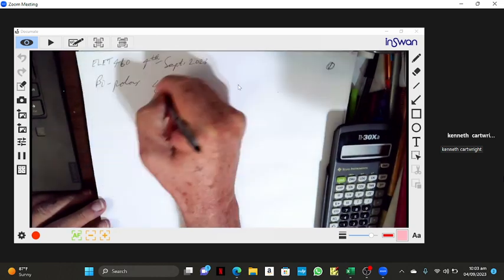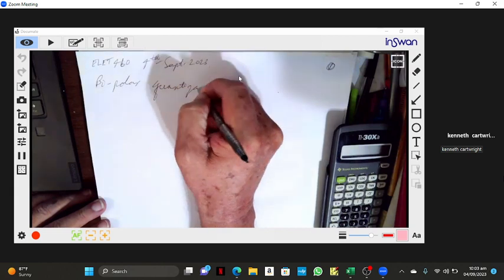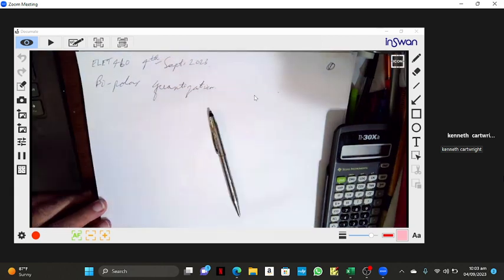And what do you think bipolar quantization means? I mean, to go above and below the x-axis. Or what's another way of saying that? It's positive and negative.